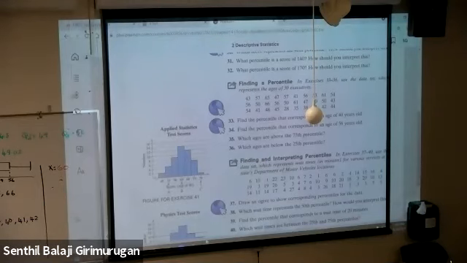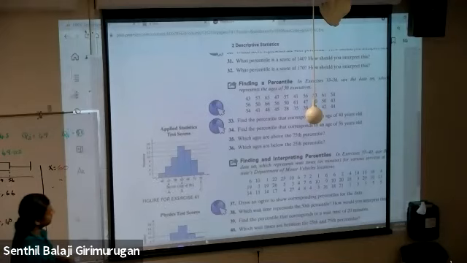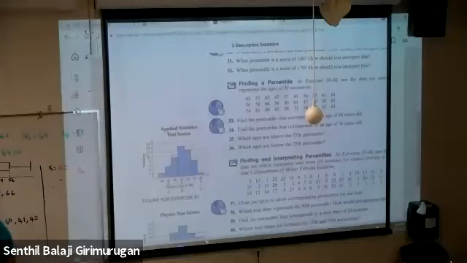Could it be P50? No. Could it be P82? Maybe, it's a guess. It has to be above 56. It could be P82. To find the accurate value, we're going to make use of the formula that we know. How many of them lie below 60, including the repeating ones?